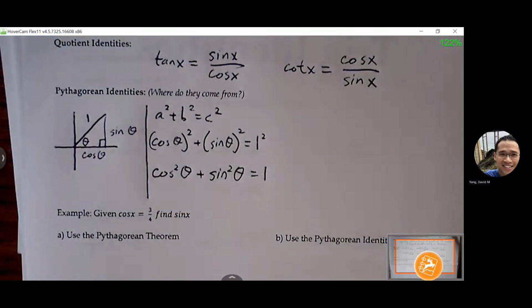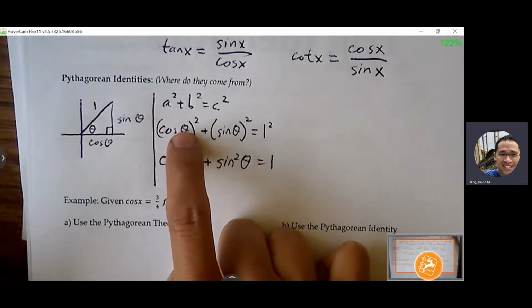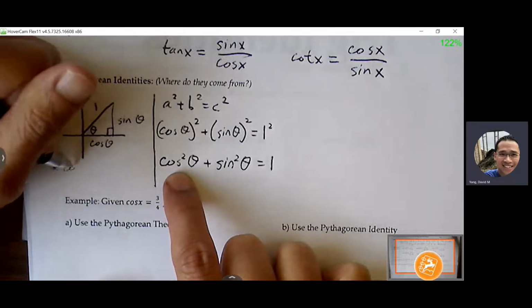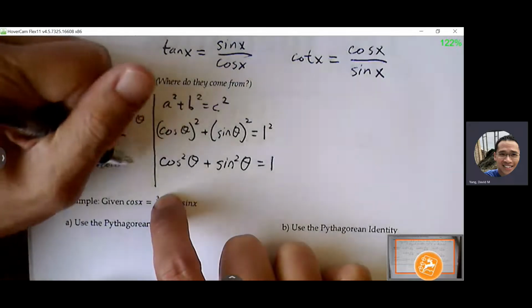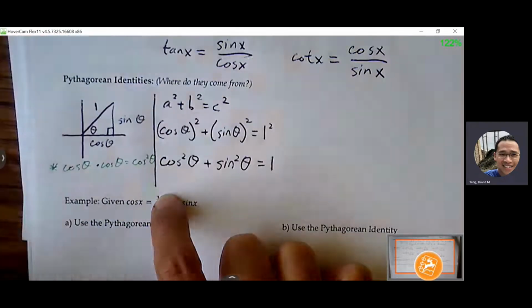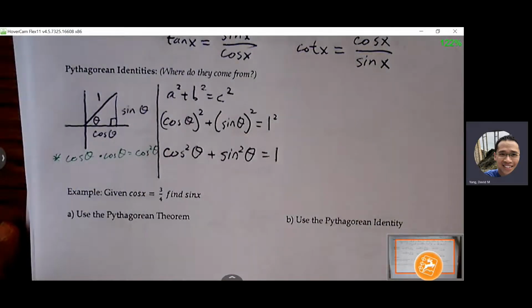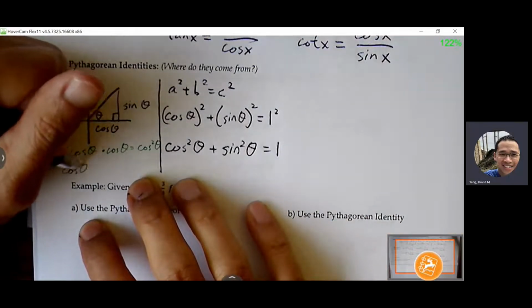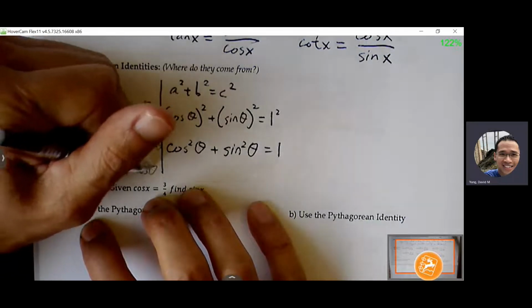Okay. So just as a reminder, this means cosine theta times cosine theta. So just as another reminder here, cosine theta times cosine of theta, we write it as cosine squared theta. So that 2 is specifically placed there to represent that shorthand form. What you don't want to do is you don't want to say cosine of theta times cosine of theta is equal to cosine of theta squared.